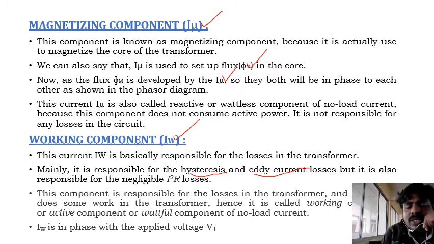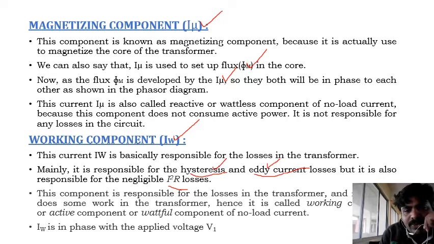It is also responsible for a negligible I square R loss. This working component is responsible for only these two losses, hysteresis and eddy current losses. I hope you are familiar with how these losses are formed, as you studied them in the previous semester.